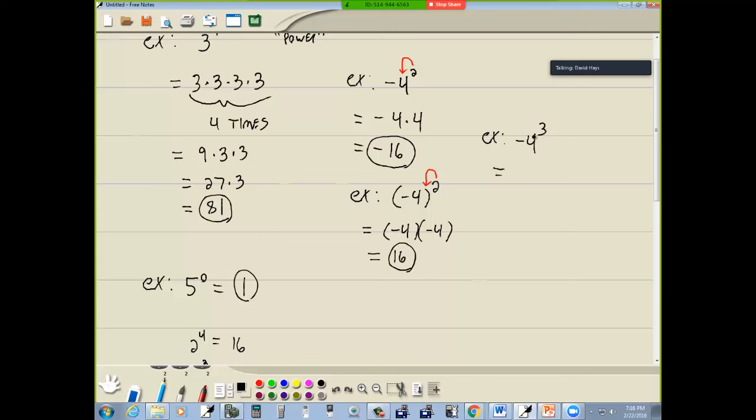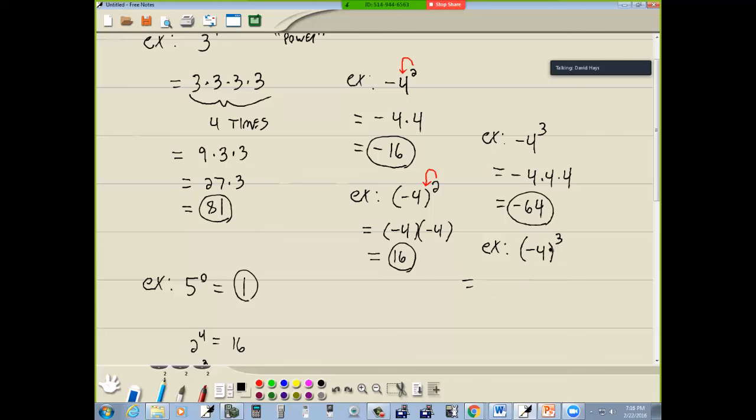If you do not have the parentheses, then it only affects what's to its immediate left, so the negative would carry down, and then you'd have 3 4s, and that would give you a -64. On the other hand, and this time it is going to give us the same answer, but for different reasons.